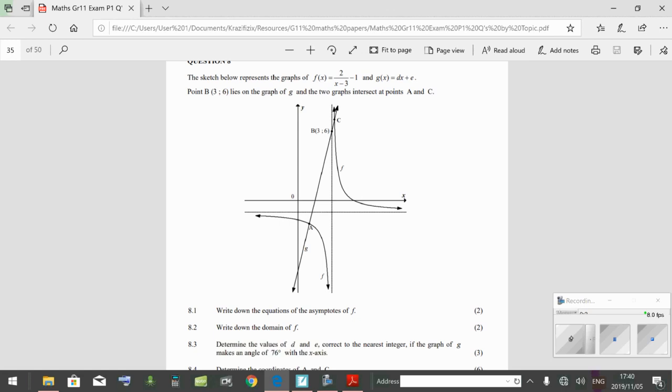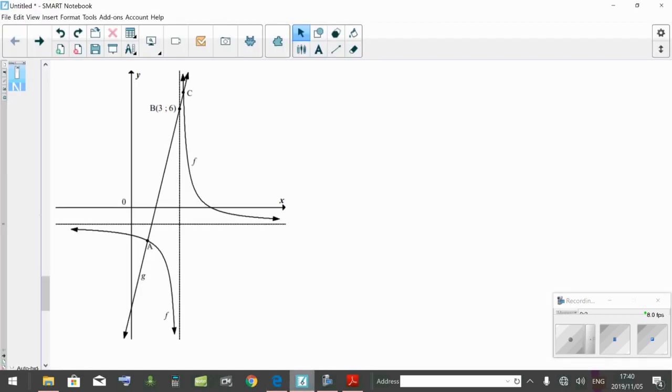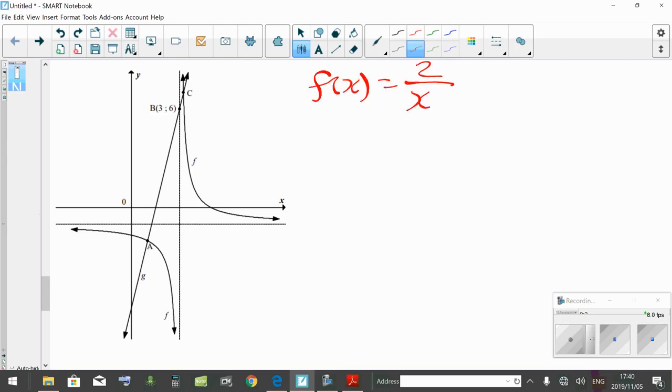Right, so let me just copy down these quickly. F of x equals 2 over x minus 3, minus 1. And we also have g of x is equal to dx plus e.